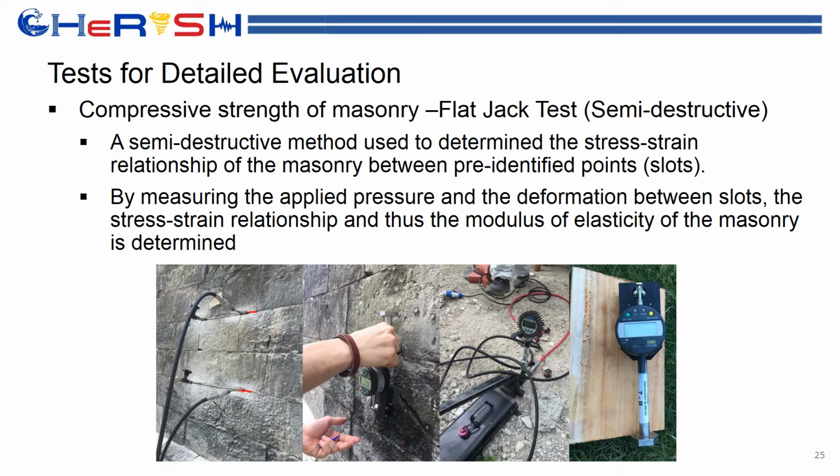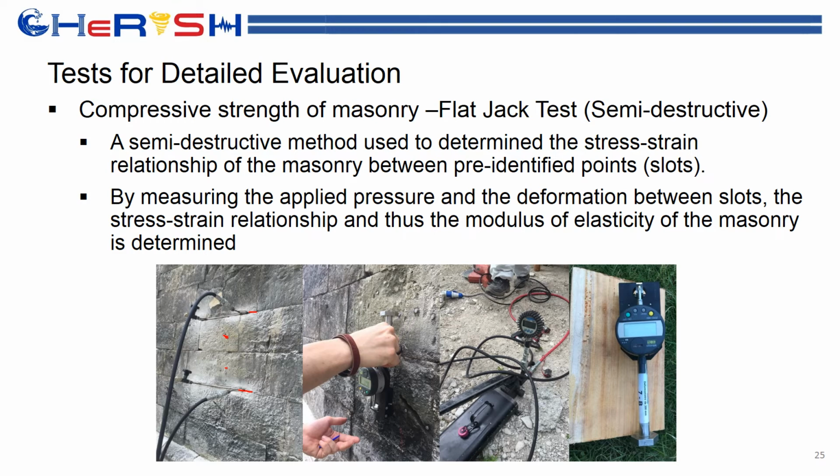But before doing that, they would mark some points in this location, mark the location between two points at the initial load zero, and then while increasing the load, they measure the displacement between these two points. By doing so, we can, of course, generate a stress-strain curve for masonry and get what we call the elastic modulus.